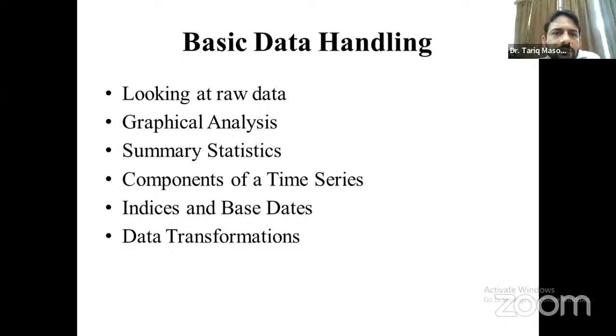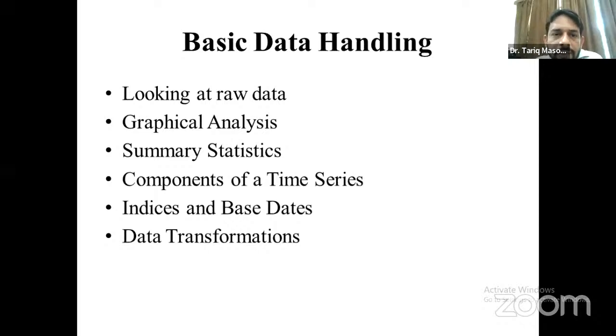Now next is basic data handling. Basic data handling comes before we go to formal analysis. Before going into formal regression analysis, you must do some basic data handling exercise. First, very important, is looking at the raw data.